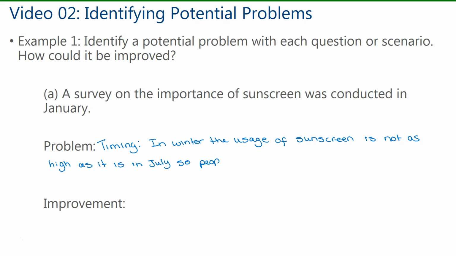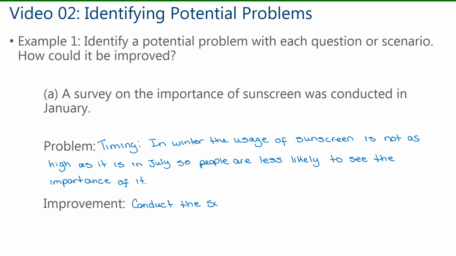So people are less likely to see the importance of it. So the way to improve on that would be to simply conduct the survey at another time. Say you should conduct the survey during summer months.